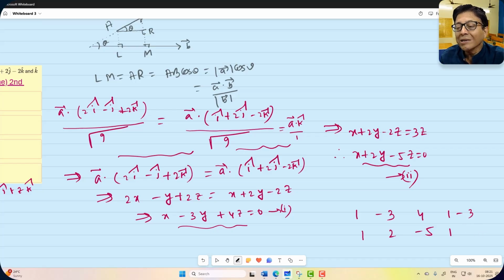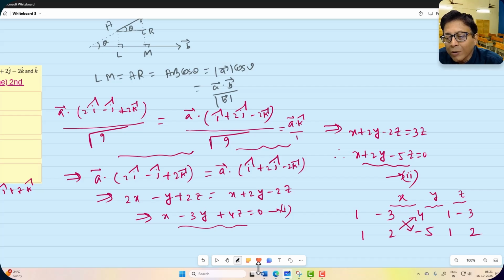I am going to use the method of cross multiplication which you have probably done in class 10. Now put the variable x over there, this is y and this is z. If you haven't done it before, no problem, try to follow it. Put downward arrow, upward arrow, in this manner.